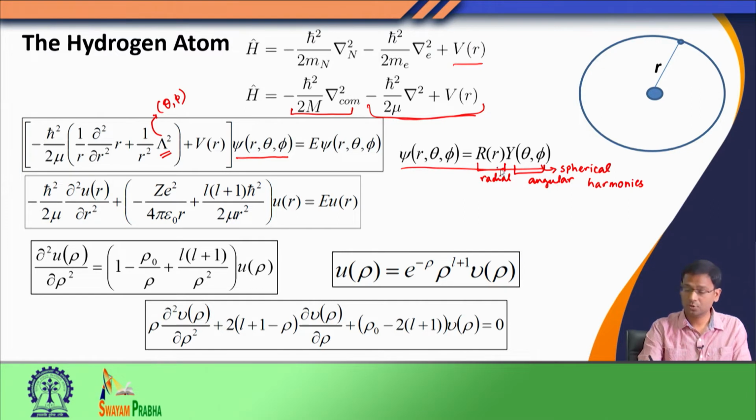Once we use this variable separation, the Schrodinger equation gets simplified. You see the action of this Legendre operator on this wave function, which has R and Y, and when the lambda square acts on this Y function, we get this second term in this potential energy.